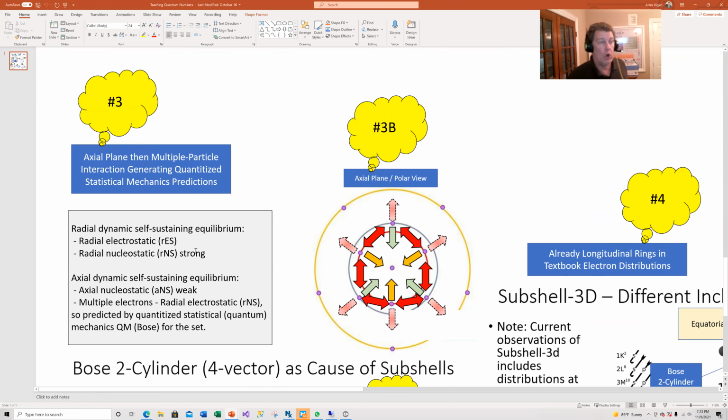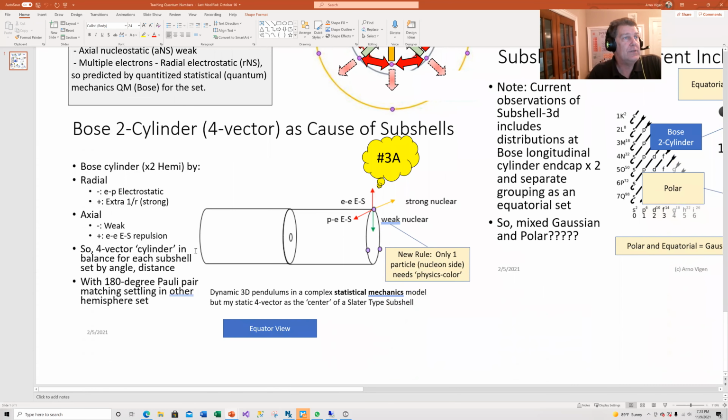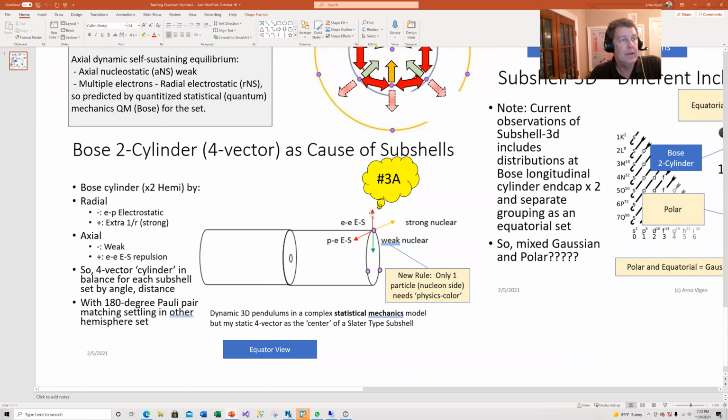Now you can see this all the time. So as a result, we get two basic things. You have the electrostatic proton-electron, attractive in red. You have the strong extra 1 over r, repulsing it, so that keeps it in dynamic balance between the two. And in this direction, you get pulled to the nucleostatic axis, that's the weak force. And those electrons, though, are repelling each other. Now, this is not a one-to-one result.